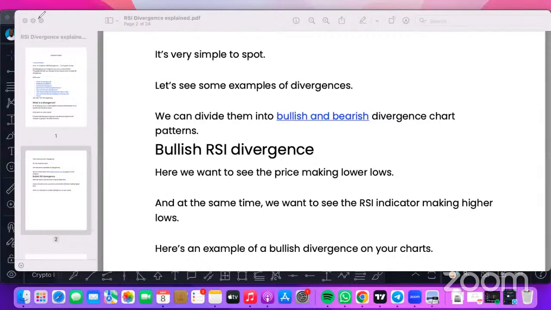So here, ladies and gentlemen, we want to see the price making lower lows.